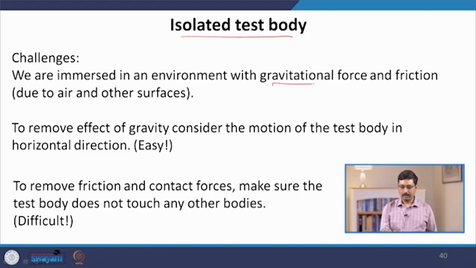The first force is the gravitational force, our weight due to the attraction by the earth, and the second is that there is always some sort of friction. For example, we are surrounded by air, the atmosphere, and when we move through the air, we feel the drag force by the air.